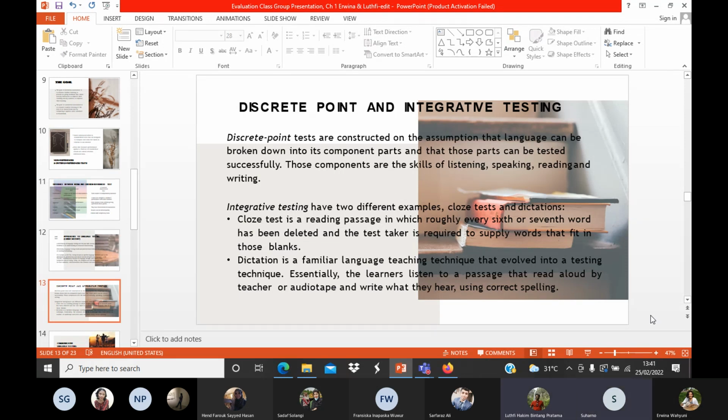So the fact that discrete point and integrative testing only provide a measure of the candidate's competence rather than measuring the candidate's performance brought about the need for communicative language testing. I think the language testing field had abandoned arguments about the unitary competence and had begun to focus on designing communicative language testing. Next.